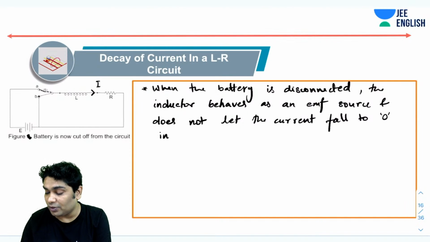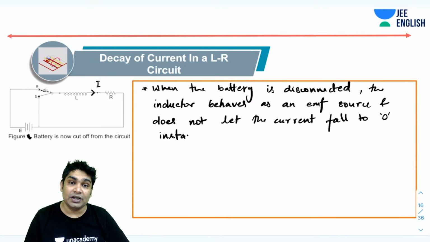Okay, that was the property of inductors. Inductors cannot allow the current through them to change instantaneously.